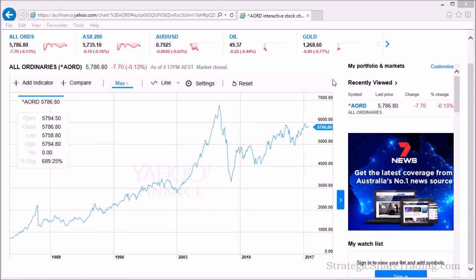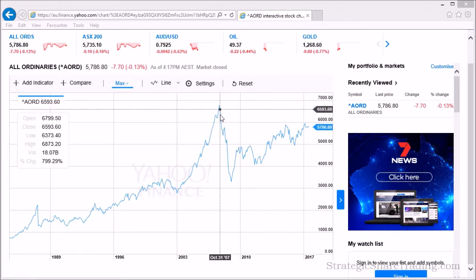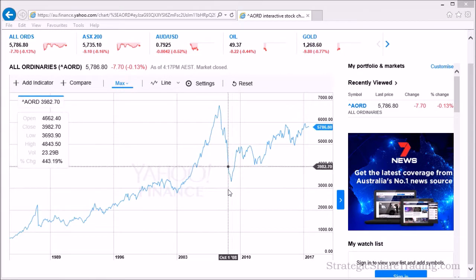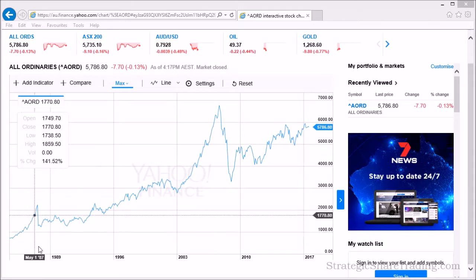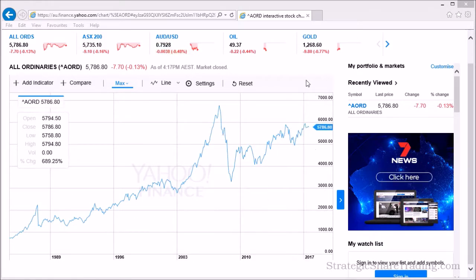So the thing to take away is that although the market has its ups and downs, and here you can see a doozy called the GFC, or Global Financial Crisis, in 2008. Nevertheless, over time the market recovers and starts heading up again. Okay, so how about we call up a stock chart?